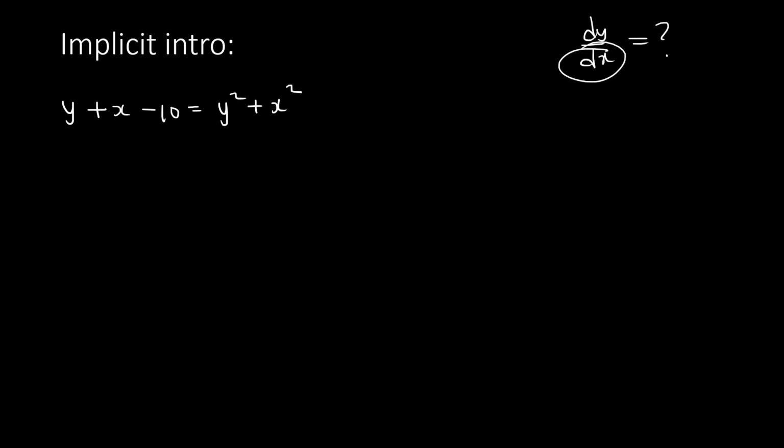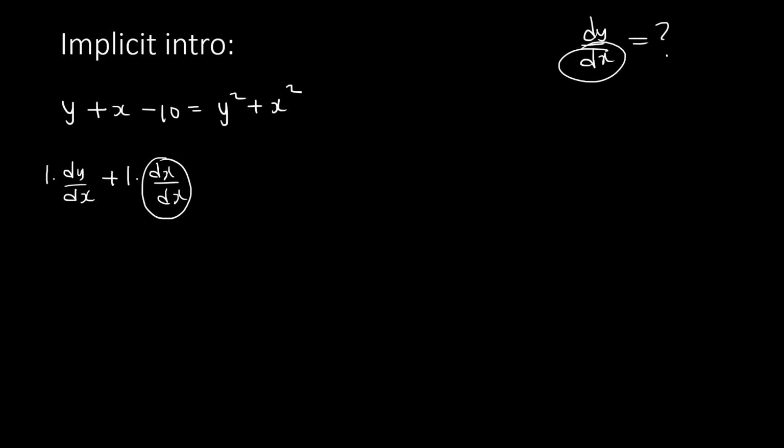So the question is to differentiate everything with respect to x. If I differentiate y, I get 1 dy dx because I differentiated y. If I differentiate x, I just put the number, not dx.